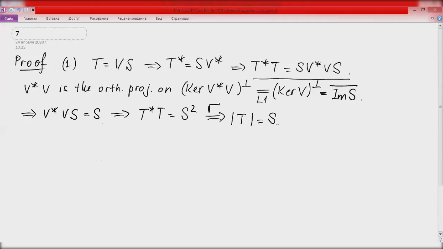And now we want to show that V equals U. To show that V equals U, we do the following.